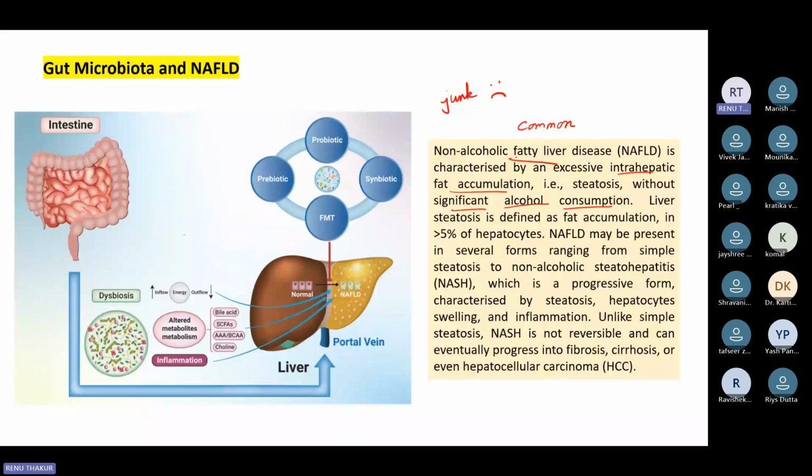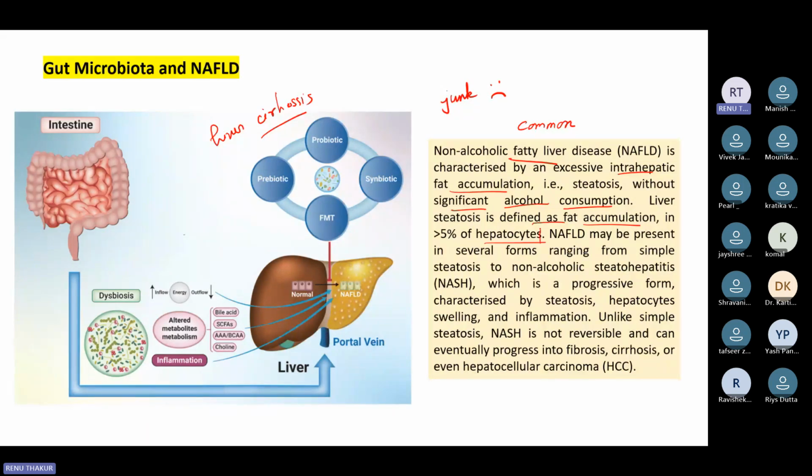This is more common than liver cirrhosis, because cirrhosis occurs when you are consuming alcohol in a very high amount. So that is not the case with adults. Fatty liver disease is defined as fat accumulation in more than 5% of hepatocytes.